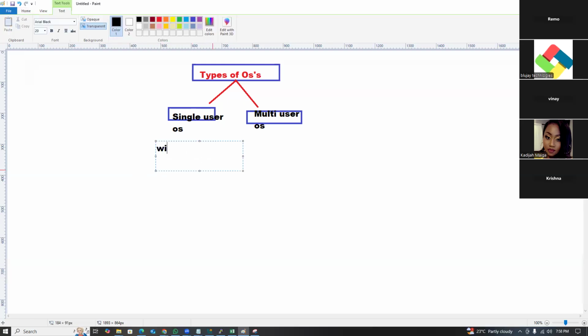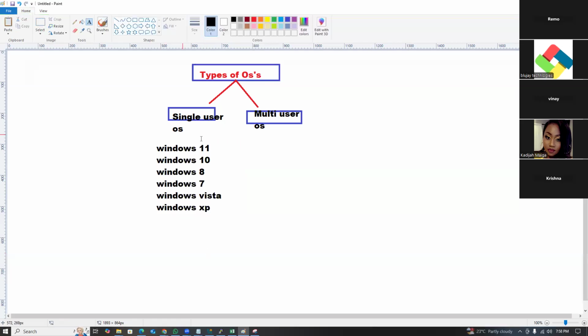Something like Windows 11, Windows 10, Windows 8, Windows 7, Windows Vista, Windows XP. These all are single user operating systems. Only one user we can connect at a time. Understood?